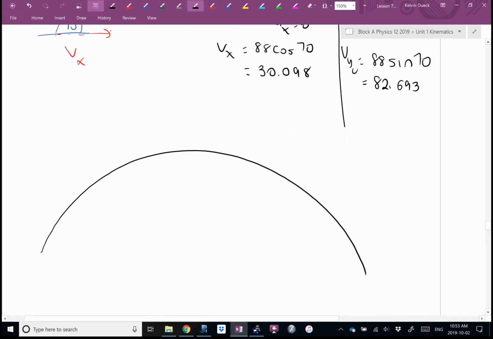Here's the projectile. They want me to find the velocity after 4.6 seconds, which is going to be a slanty velocity. Could be there, or could be there. I don't know if it's on the way up or on the way down. How could I figure that out?